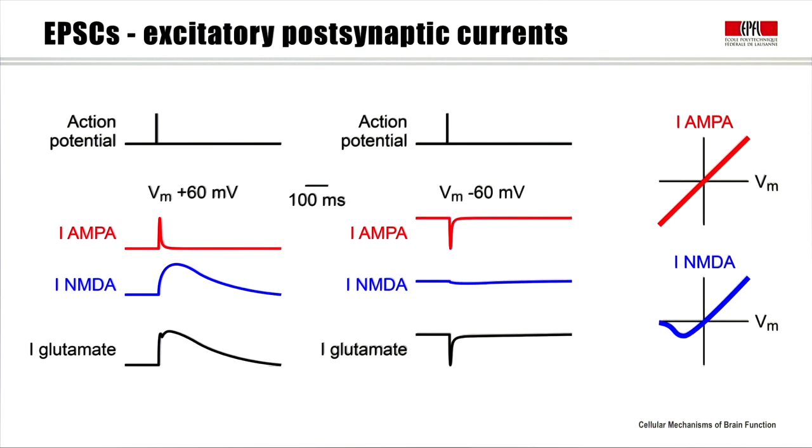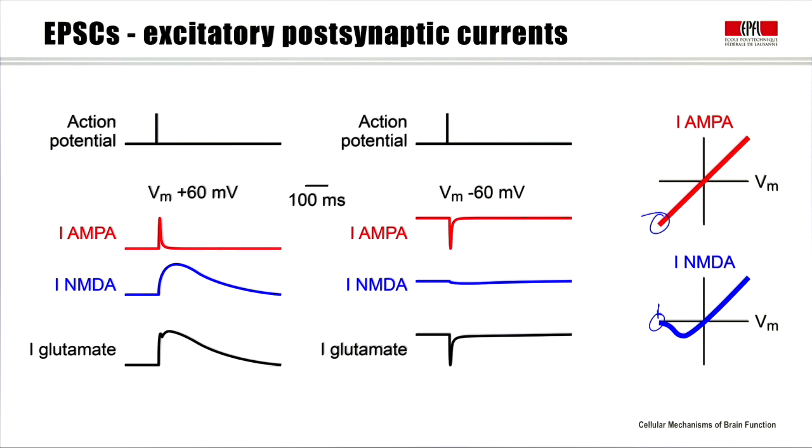The magnesium ions from the extracellular solution enter the NMDA receptor and block it at negative potentials. And so at typical resting membrane potentials of a neuron, somewhere around minus 60 millivolts, the NMDA conductance is basically shut, the AMPA conductance is large, and the total excitatory postsynaptic current, the EPSC, has this fast kinetics dominated by the AMPA receptor.